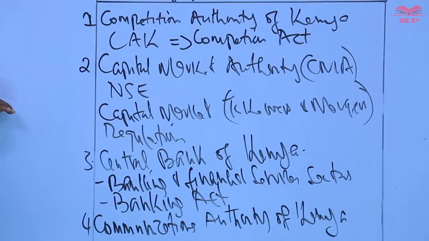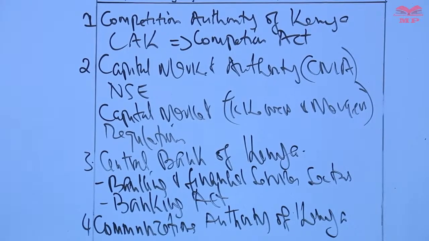Communications Authority of Kenya regulates mergers and acquisitions of companies within the communication sector. The fifth body is the Insurance Regulatory Authority.